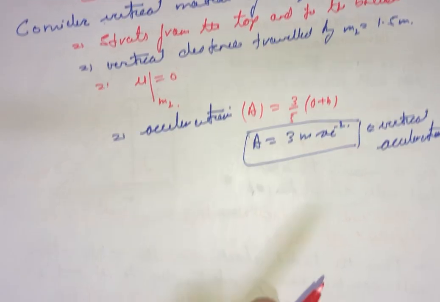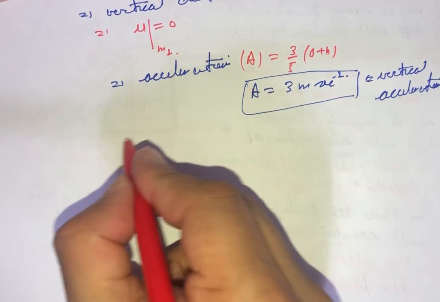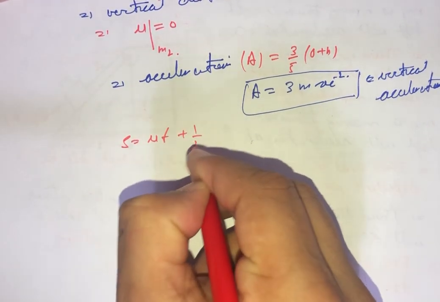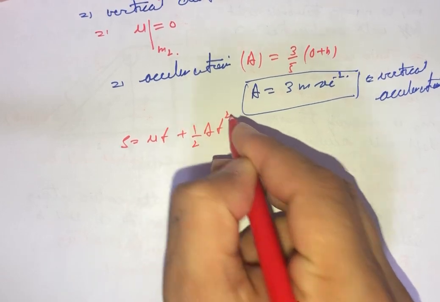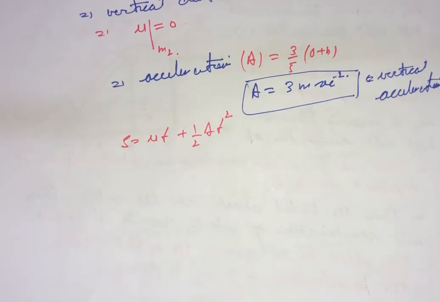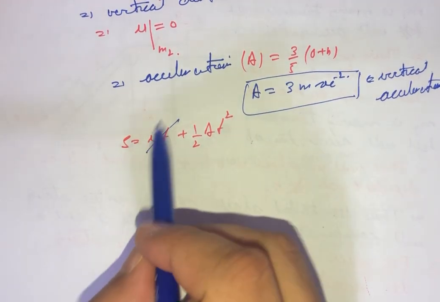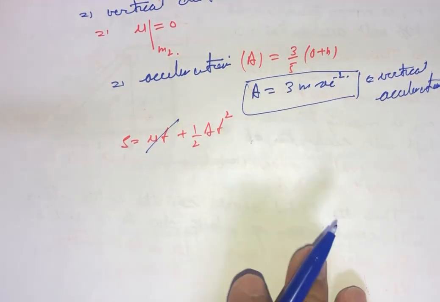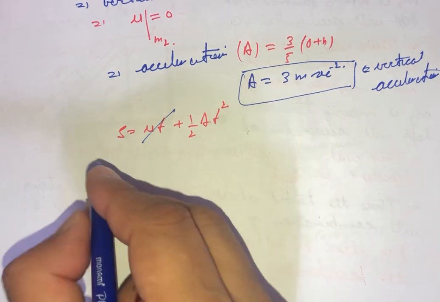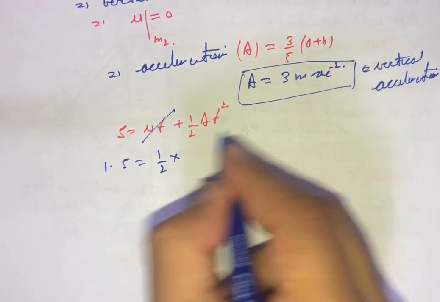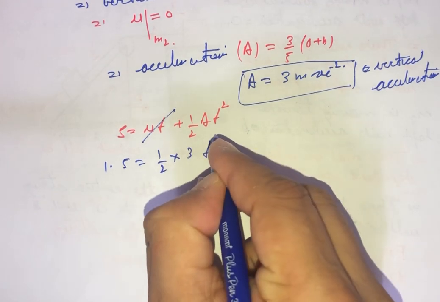So we are going to use the kinematics formula, which states that S is equal to ut plus half at square. Initial velocity is 0, so this component becomes 0, and S is given as 1.5. So putting the values, we get 1.5 equals half into 3 into t square.